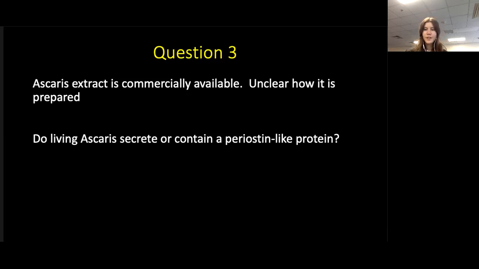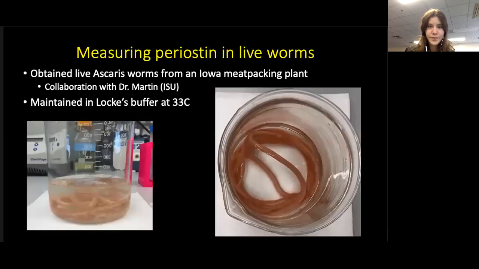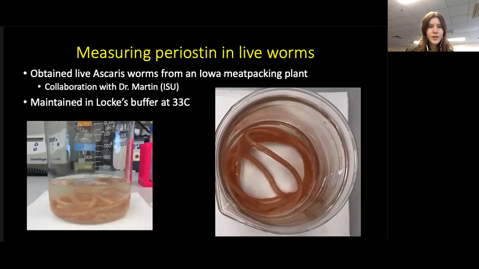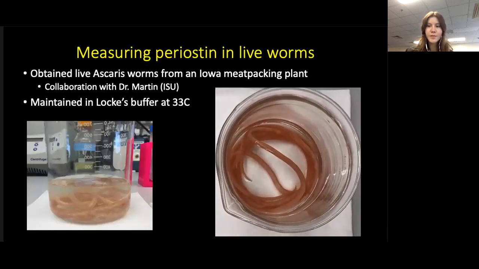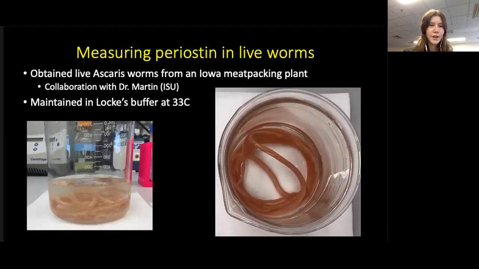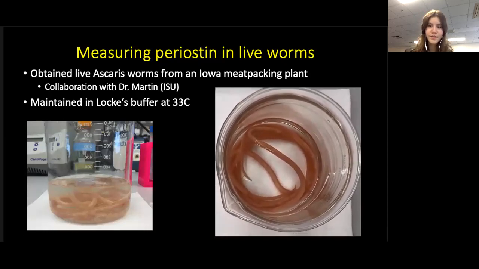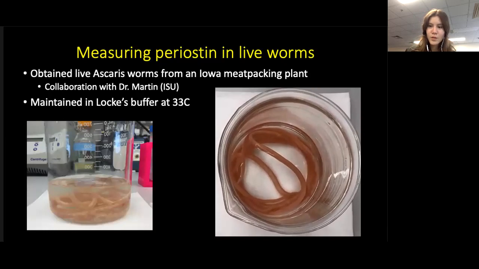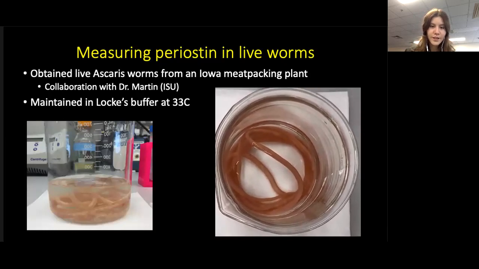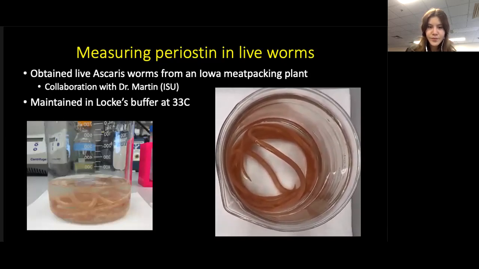This leads to my third question, which was, do living Ascaris secrete or contain a periostin-like protein? To look into this, we obtained live Ascaris worms from an Iowa meatpacking plant in collaboration with Dr. Martin at Iowa State. And we maintained the worms in a buffer at 33 degrees Celsius.